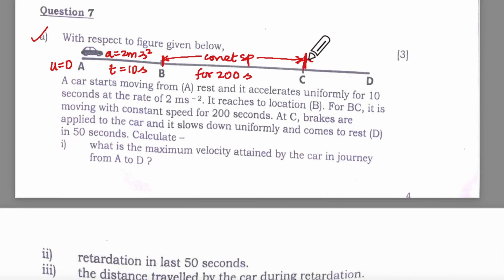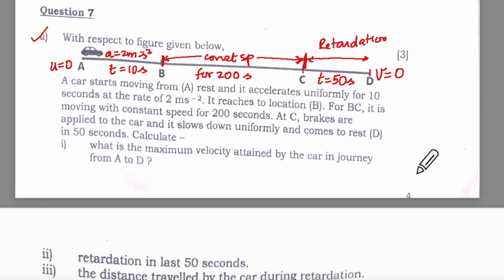So from here to here, what is going to happen? Retardation, correct? So I'm writing here retardation. It comes to rest, which means V is equal to 0, correct? Because it comes to rest, and it has taken a time of 50 seconds.